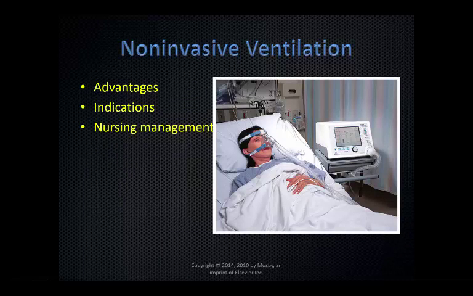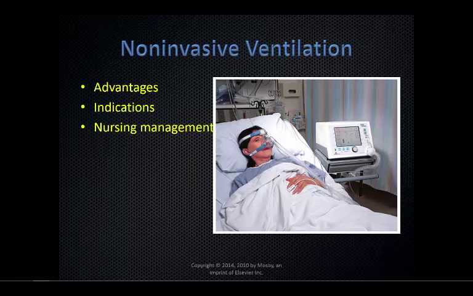Now we're going to discuss non-invasive ventilation. Non-invasive ventilation is an alternative method of ventilation that uses a mask instead of an endotracheal tube to deliver therapy. The advantages of this type of ventilation include that it decreases the frequency of hospital-acquired pneumonia.